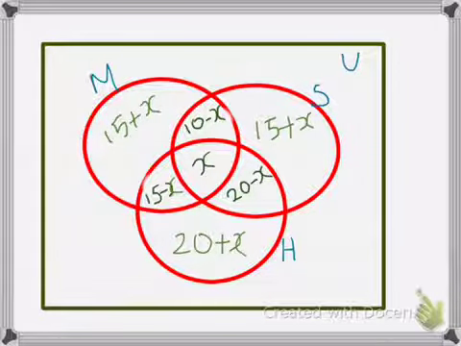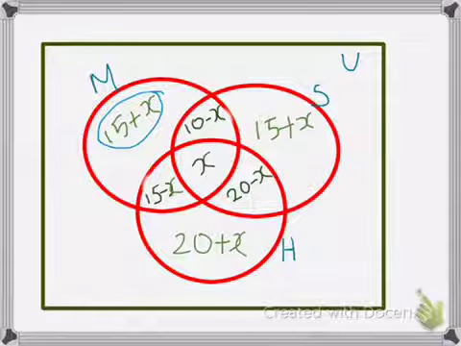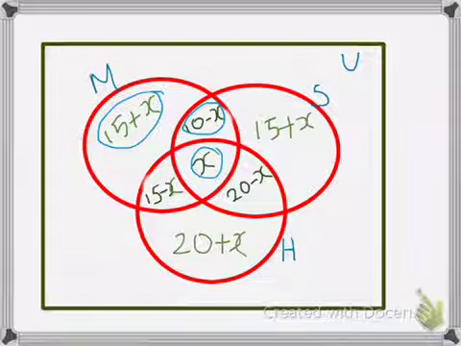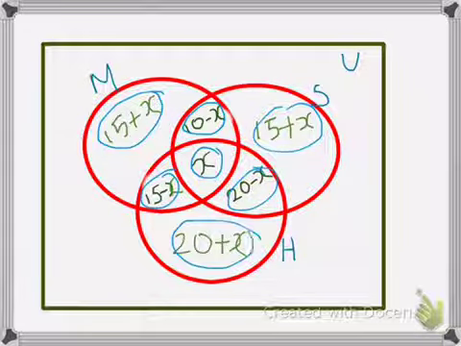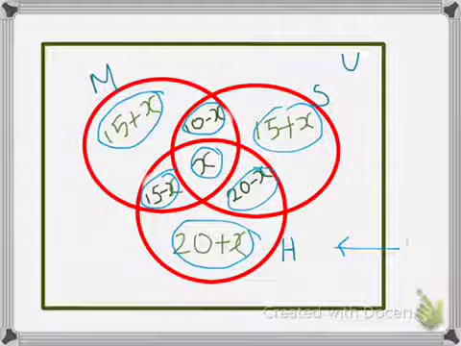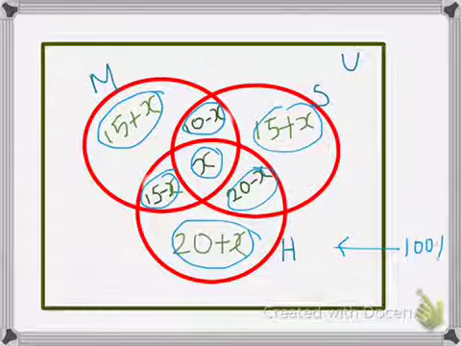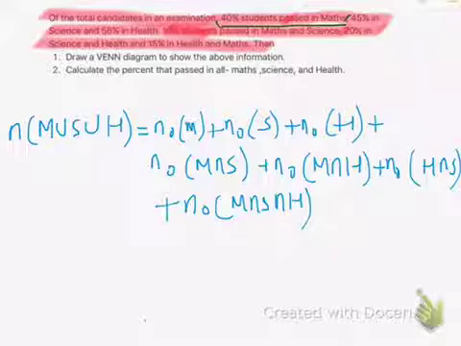Now after doing this, when we add the individual elements, 1, 2, 3, 4, 5, 6 and 7, we get the total of 100, which is in percentage. So the union of the three circles, math, science and health, gives the addition of the seven elements.